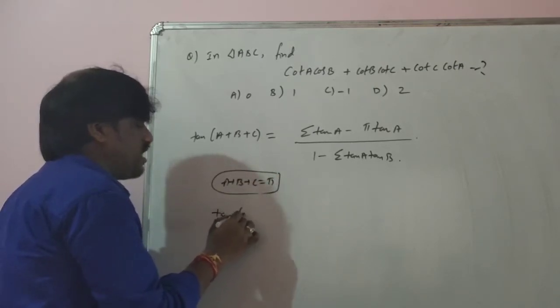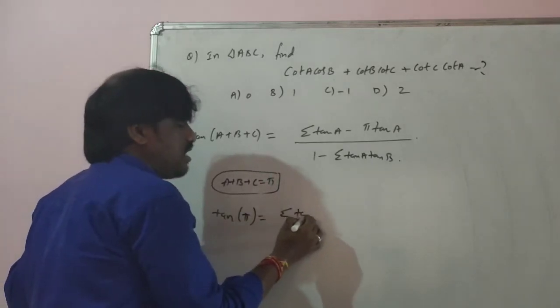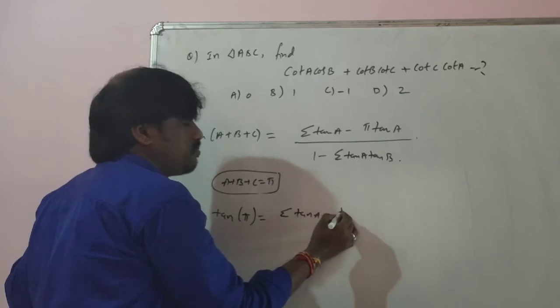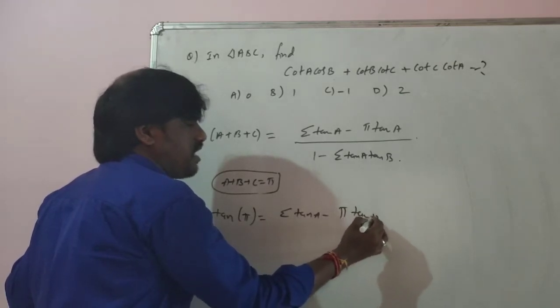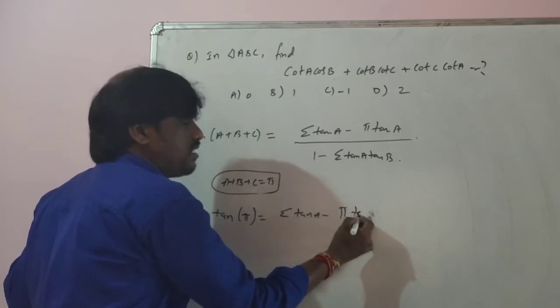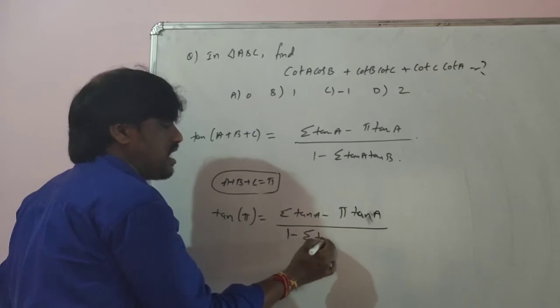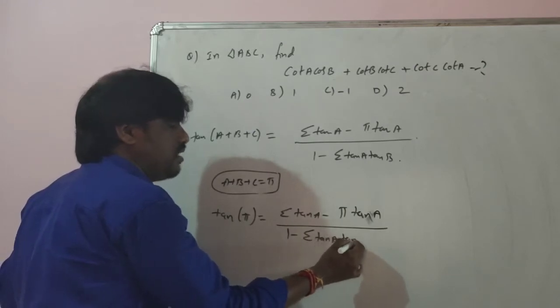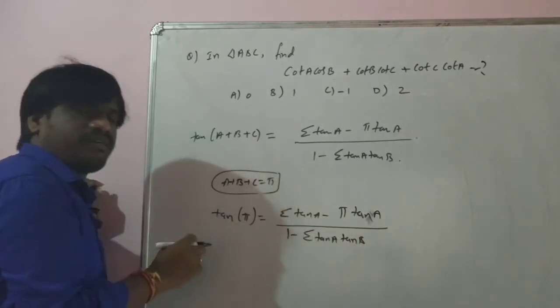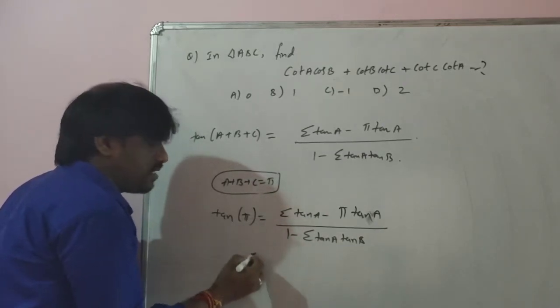So tan 180 degrees is equal to sigma tan A minus pi tan A, divided by 1 minus sigma tan A tan B. And you know that tan pi value is 0. If you do cross multiplication, the left side becomes 0.